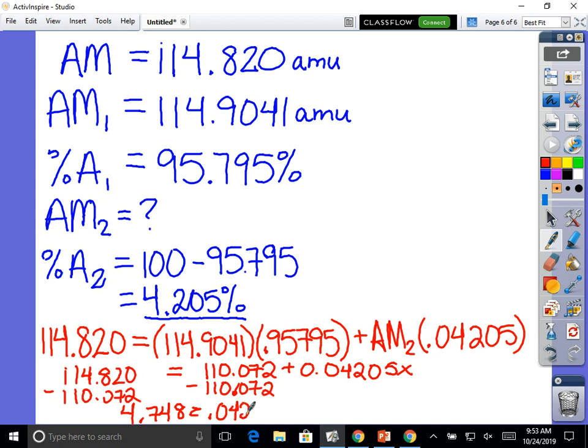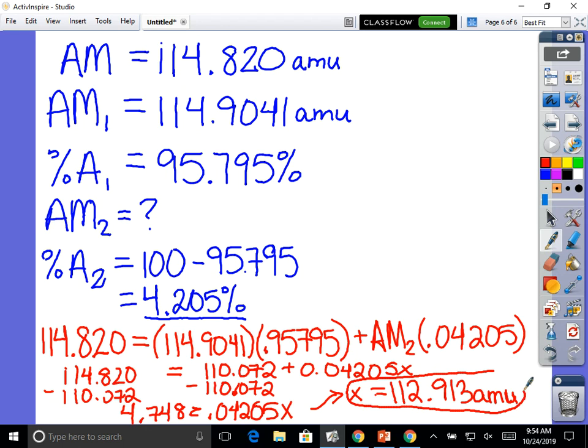Then I'm going to divide both sides by this number. I get x equals 4.748 divided by 0.04205, and I'm going to get 112.913 AMU.